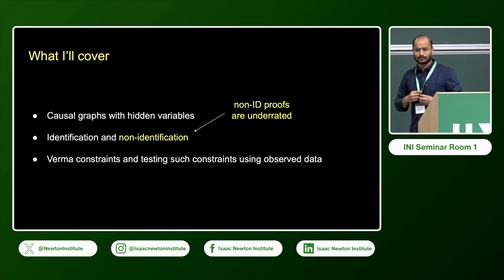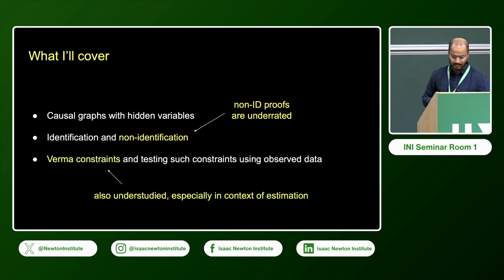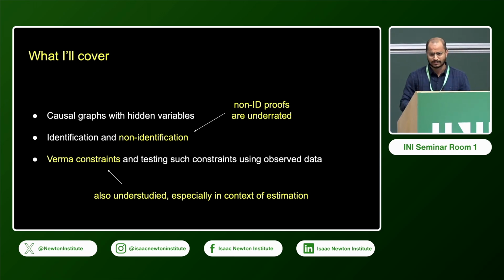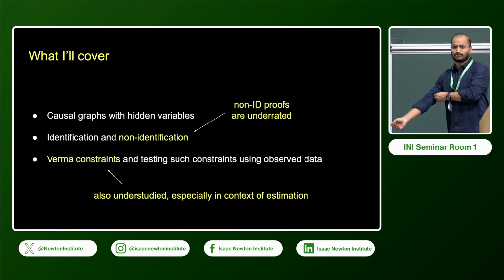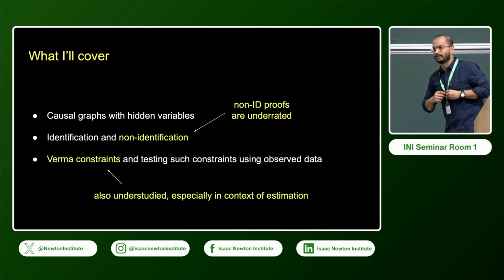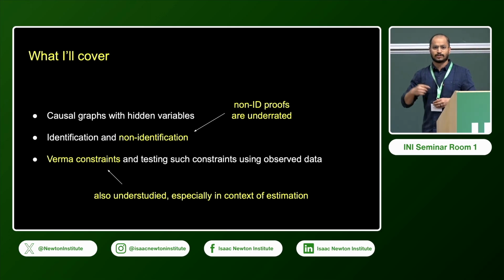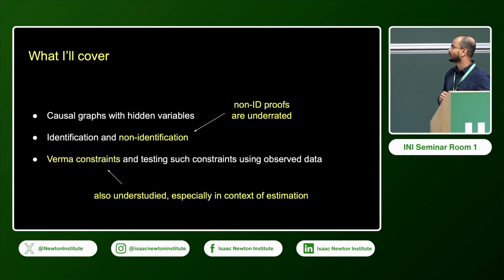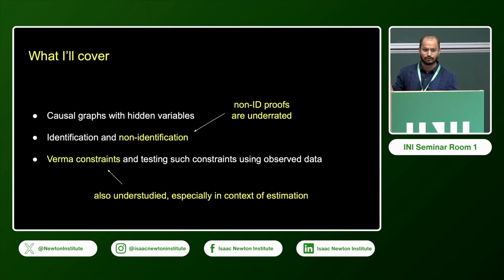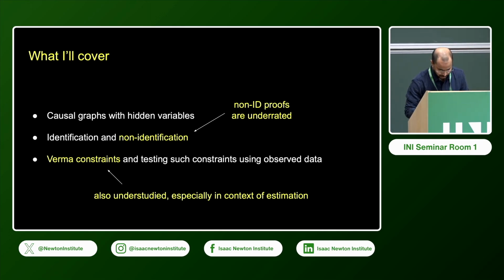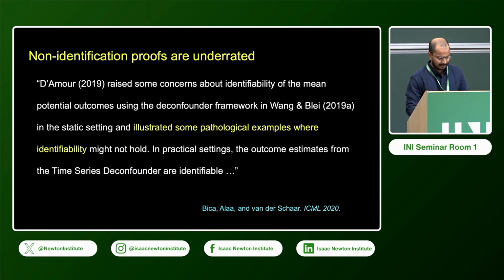I think non-ID proofs are underrated. Why Verma constraints? I think these are also understudied, especially in the context of estimation. Because unlike inequality constraints, Verma constraints do restrict the tangent space. So if you're familiar with semi-parametric estimation, you can use restrictions on the tangent space to gain efficiency in your estimators. I think it's quite underexplored what you can do with Verma constraints in that context.